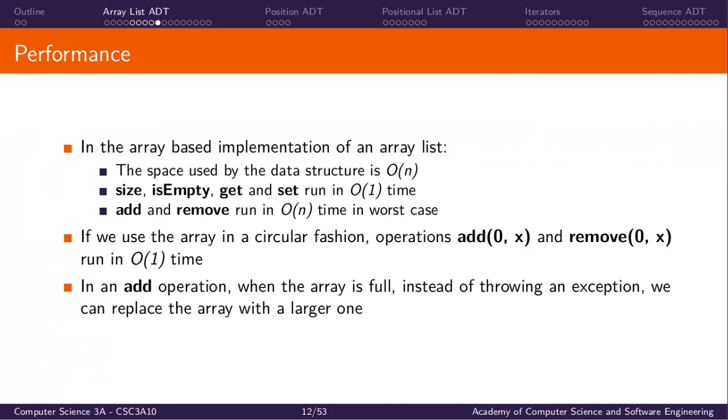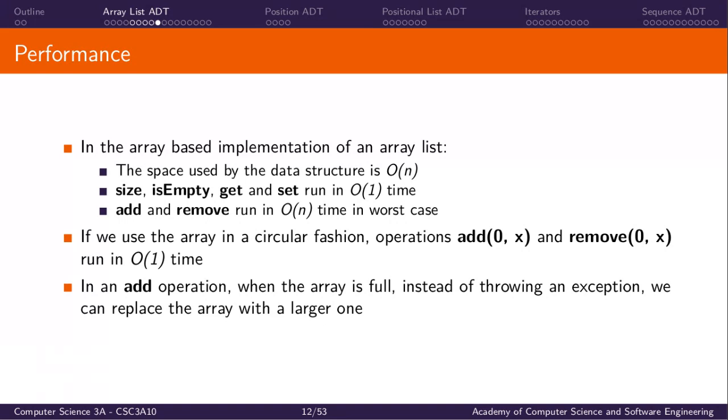All right. If we use our array in circular fashion, then we can actually get adding and removing at 0 to run in constant time. However, everything in between will still take some number of shifts. So we can get add(0, x) and remove(0) to run in constant time.